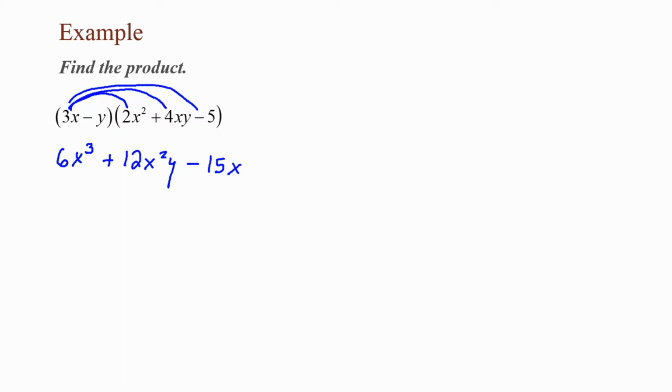Now we want to multiply everything by minus y. So negative y times 2x squared is negative 2x squared y. Negative y times 4xy gives us minus 4xy squared. Negative y times negative 5 gives us a positive 5y.